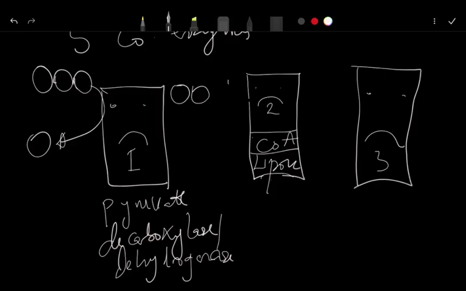Now, with the help of these 2 coenzymes, enzyme 2 is going to carry out this function. One of the functions is that it is going to attach CoA to this structure, and at the same time it is going to pick 2 hydrogens from the 2 carbons.